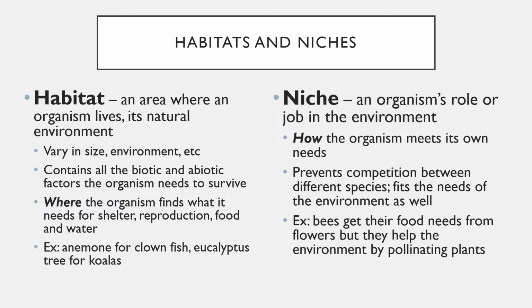It needs to reproduce in order to survive, in order for its species to survive as well. So the habitat is more like where the organism finds all of these things to meet its needs. The niche is more how it fills its needs. How does it eat versus where is it getting its food from? Something like that.